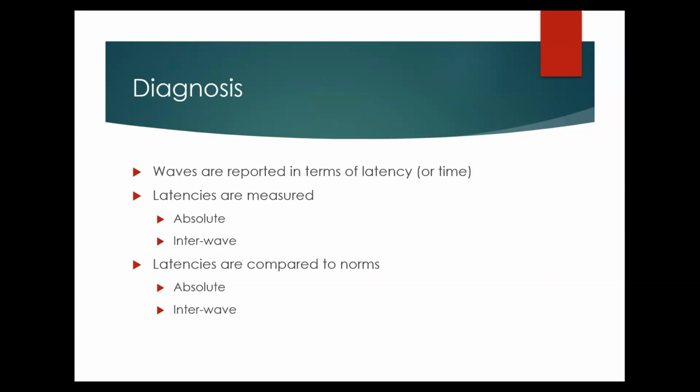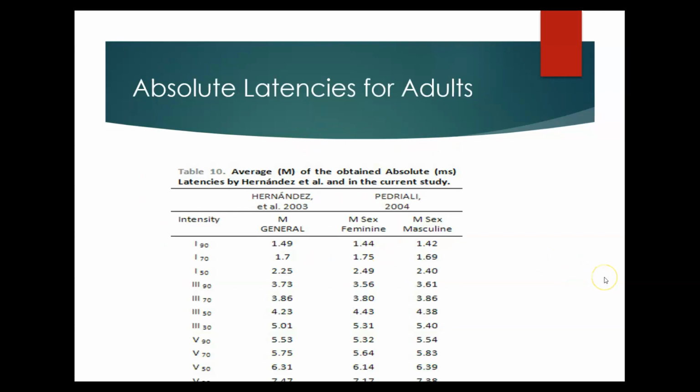We can look at absolute latencies, so the latency of each of those 1, 3, 5, or the interwave latencies, which is how much time between 1 and 3, 3 and 5, and 1 through 5. Okay, and then they're compared to norms. And we have norms for both absolute and interwave latencies.